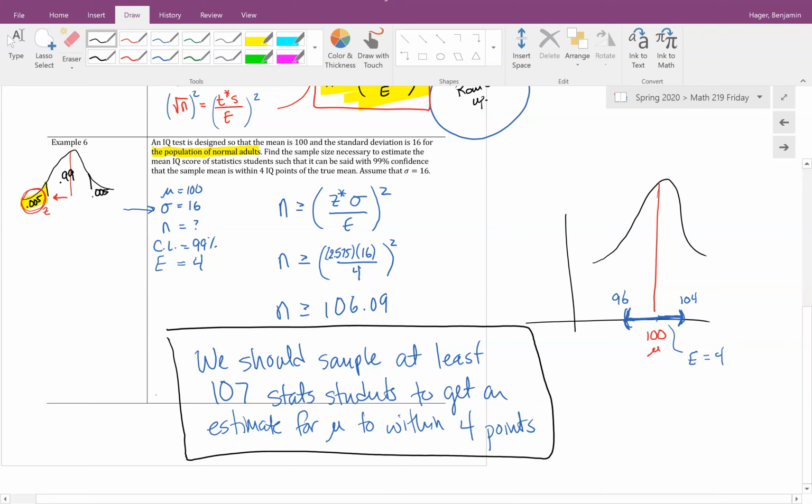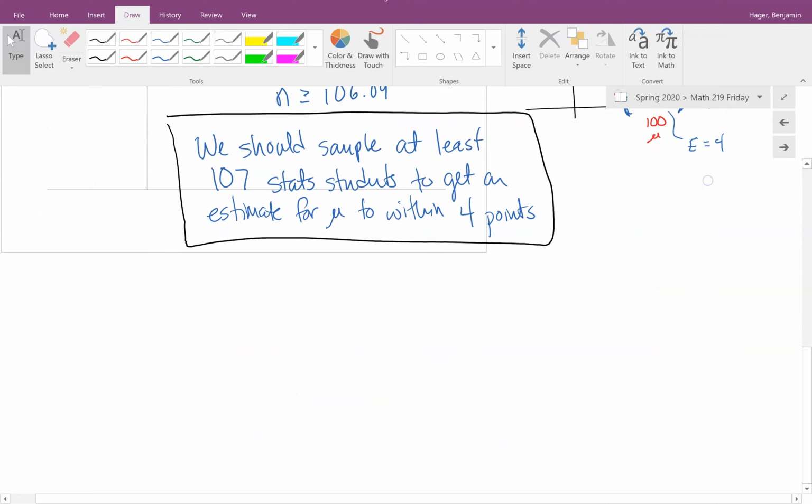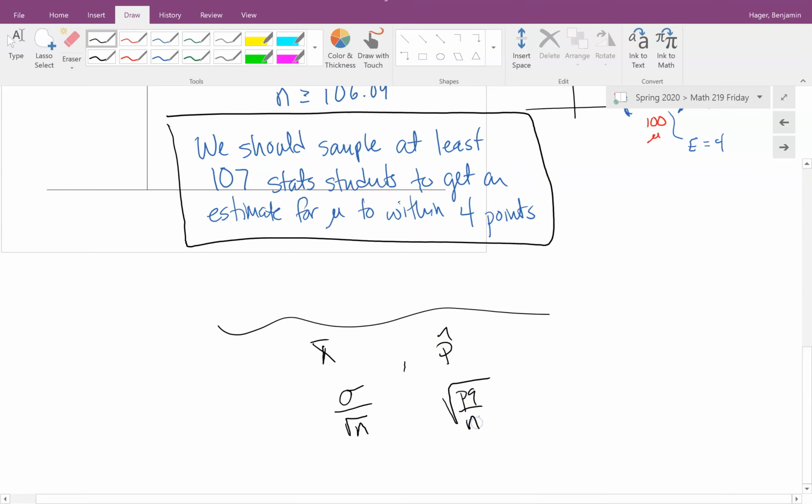The only thing that's different is the central limit theorem in chapter 7.1 says that for proportions, your standard deviation isn't this anymore. That's for means, right? For proportions, the theorem says that your standard deviation is this. But the 5 steps of the confidence interval are the same.